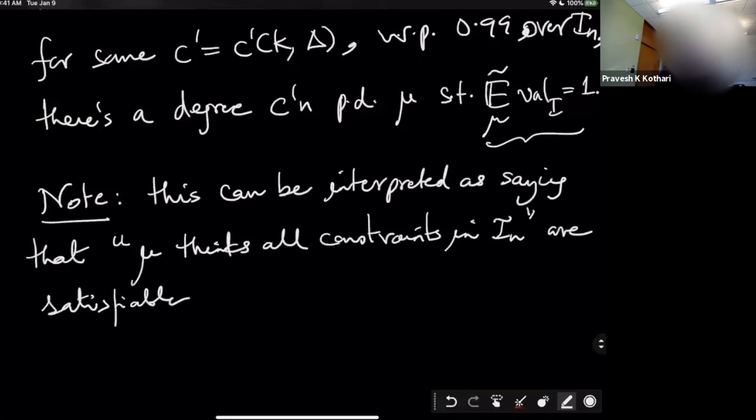Now, this can be somewhat disconcerting at first, okay? We saw a very simple algorithm that can at least check if an instance is completely satisfiable, right? You can do Gaussian elimination. If you find an assignment that satisfies all the constraints, then val I is 1. Otherwise, val I is strictly less than 1.